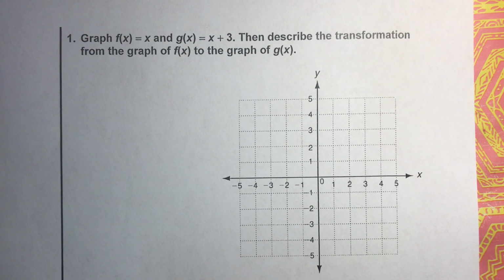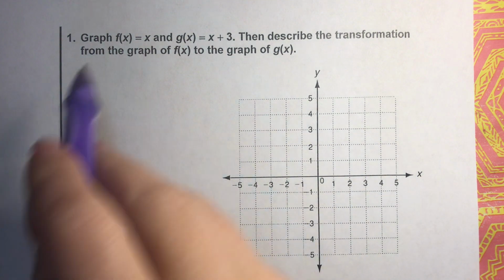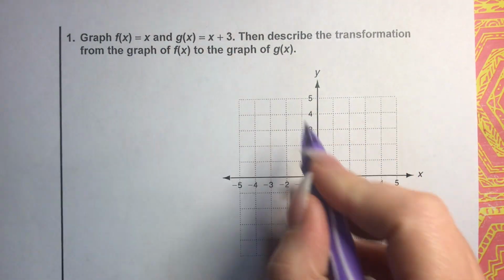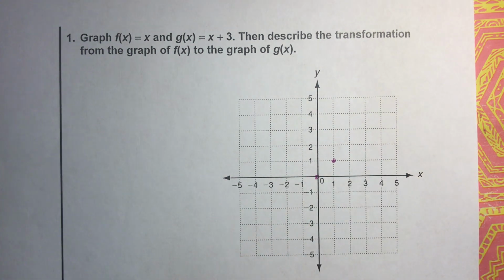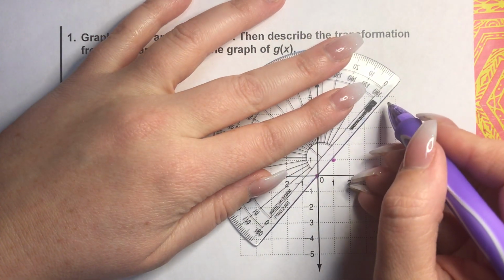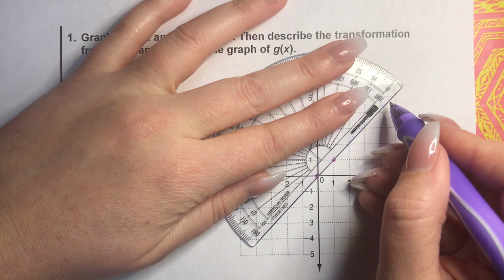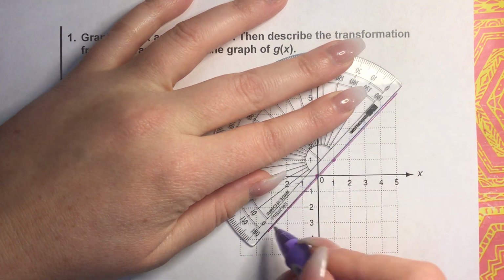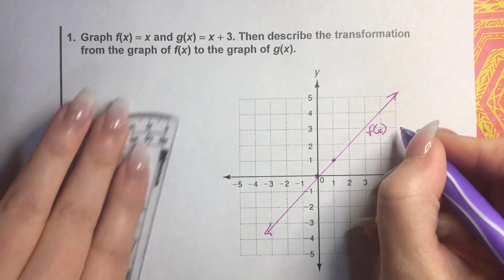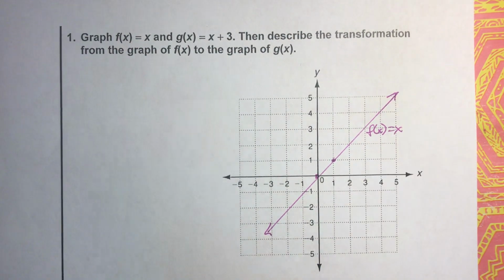Okay, so the first one, f of x equals x, so that means that my y-intercept is 0, and then my slope is up 1 over 1, right? So I have my graph here. Okay, and this is my f of x equals x.